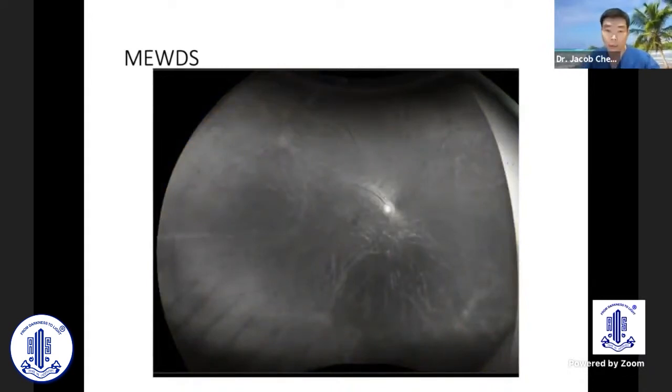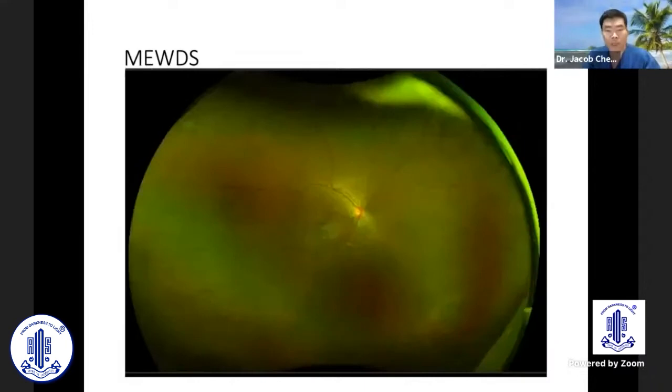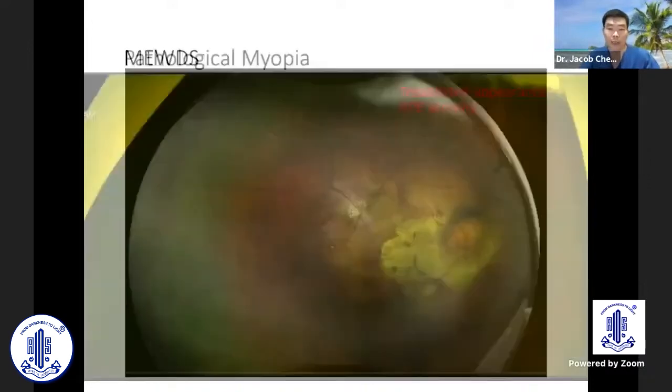Using the red channel will not show any pathology, but with the green channels highlighting the retinal location, you can see the white dots are actually accentuated. Follow-up color fundus photograph shows disappearing and resolution of the white dots. Choroidal red channel is normal, and again with the green channels, resolution of those white dots.